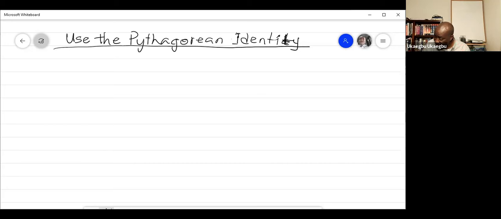All right. So for us to use this, there are certain formulas we have to remember. So one of those formulas we must remember is our SOHCAHTOA. Let me label it like 1, 2, 3. 1 is SOHCAHTOA.